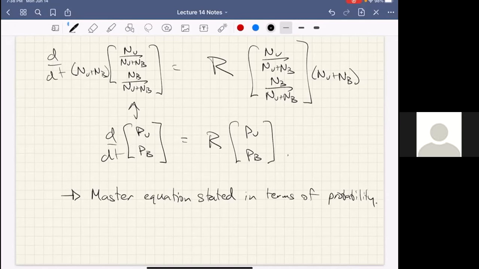We can take this a step further. What I'm interested in now is discretizing this, turning this into a discrete time system, because what you'll see is that it is in fact a Markov chain.